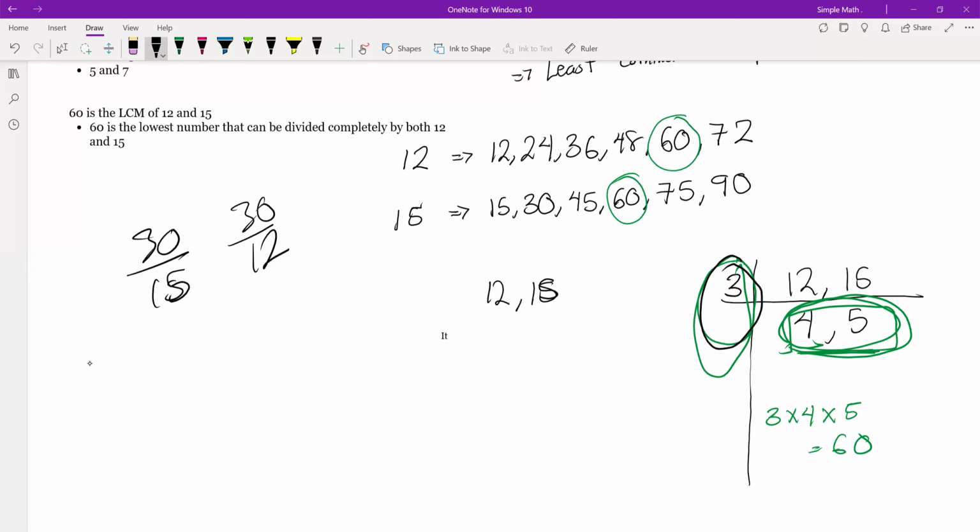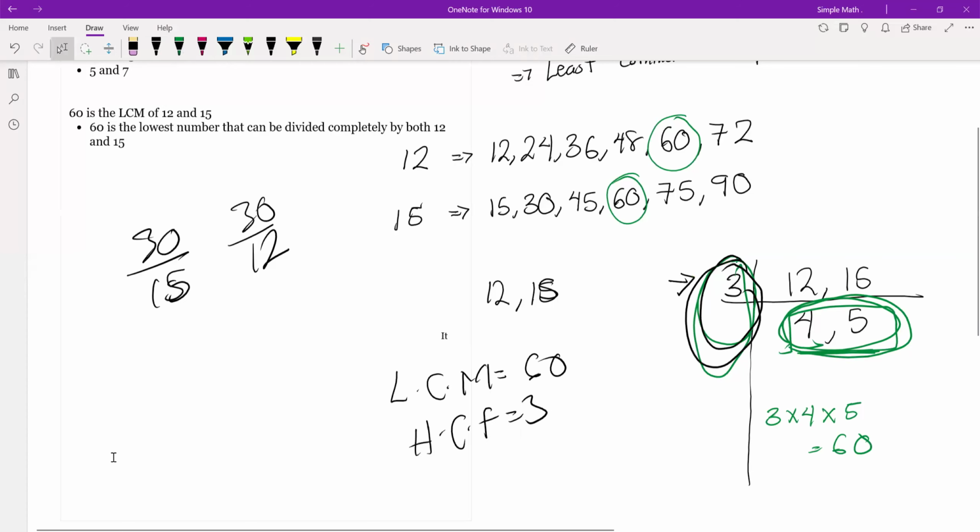So the HCF of 12 and 15 is 3. For 12 and 15, LCM is 60, HCF is 3.